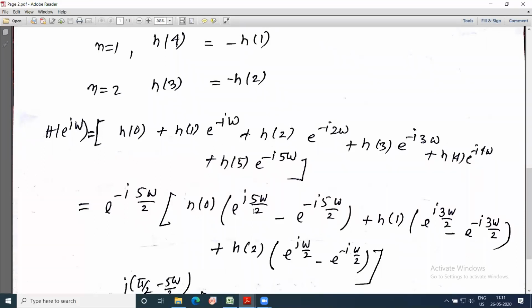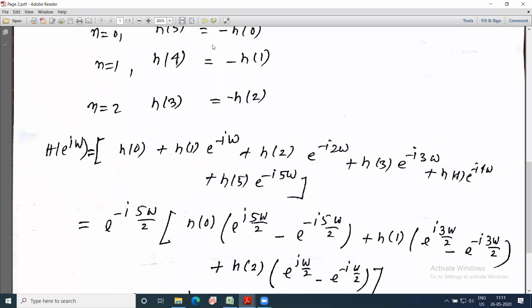Then h0, if we look here, h0 equal to minus h5, so h5 equal to minus h0. So this term h0 into minus e power minus j5 omega by 2 into e power minus j5 omega by 2 corresponds to the term h5 e power minus j5 omega. Is it all right?